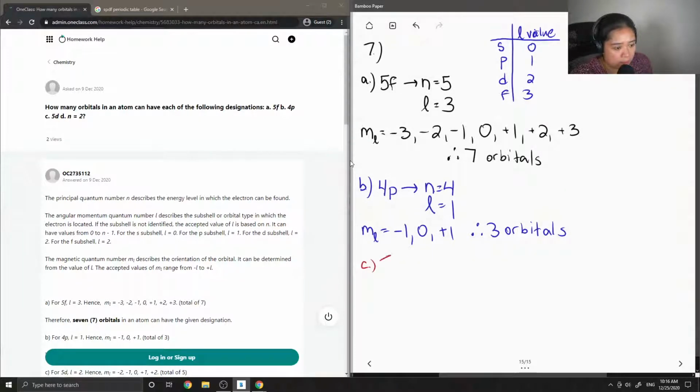C, we have 5d. So n is equal to 5, L is equal to 2, and our mL value ranges from -2 to +2. So that is 5 orbitals.